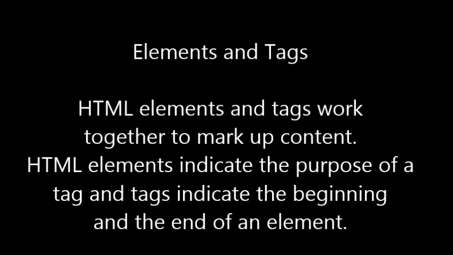Here is a description of elements and tags. HTML elements and tags work together to mark up content. HTML elements indicate the purpose of a tag, and tags indicate the beginning and the end of an element.